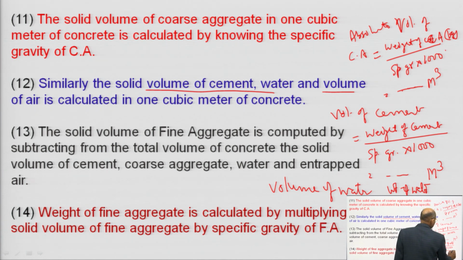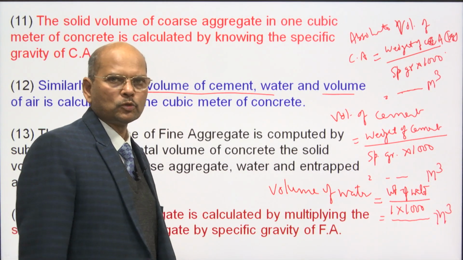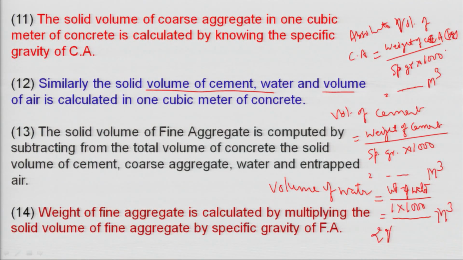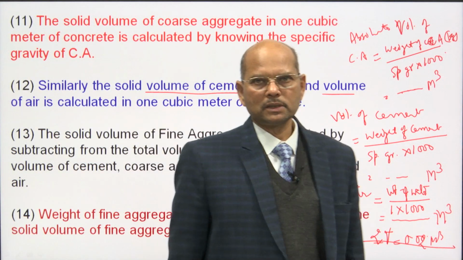So, this much volume of water you are going to get in meter cube. Similarly, we have air. Suppose you have 2% air, then the volume of air will become 0.02 meter cube. Now you have to add all this.